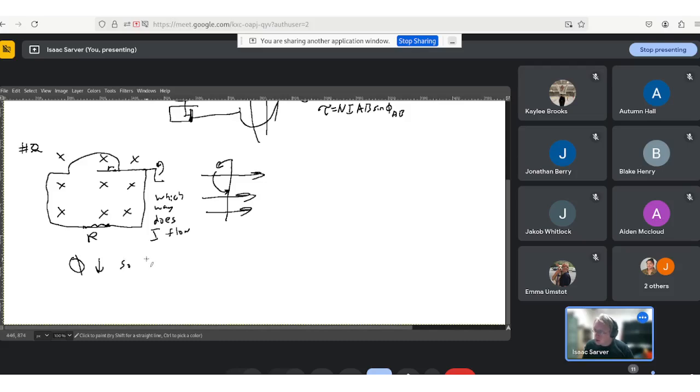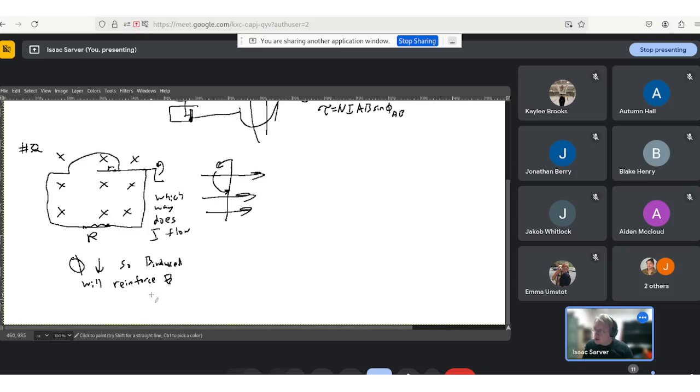So B induced will oppose that, it will reinforce B.